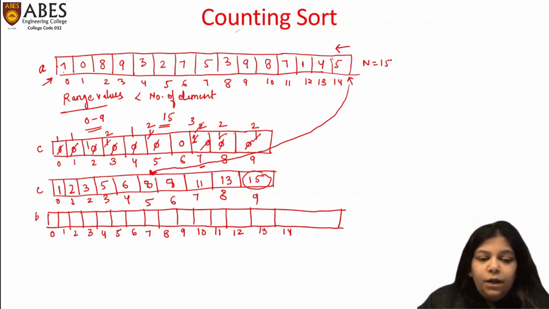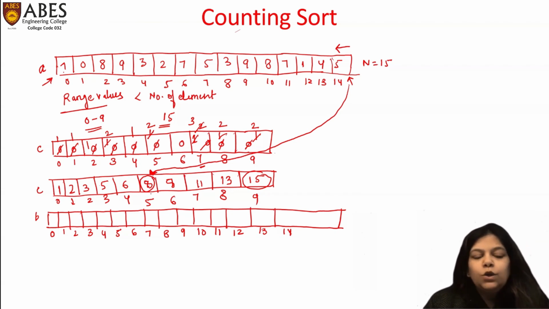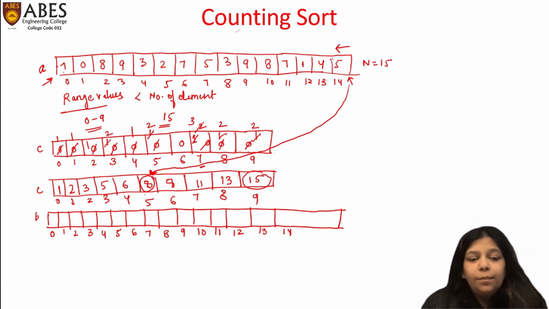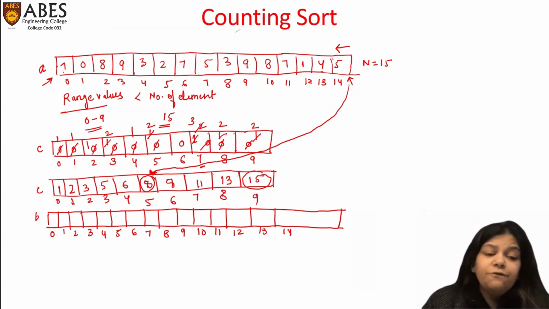And then we will look at the value stored inside the counting array. The value stored inside the counting array is 8. That means the number of elements less than or equal to 5 are 8. So that means the last 5 element will be stored at index 7 in the output array.